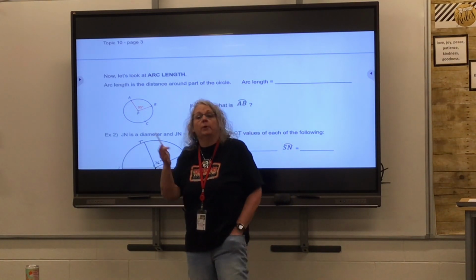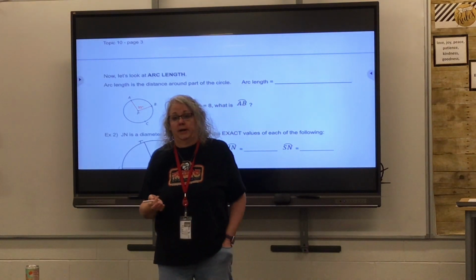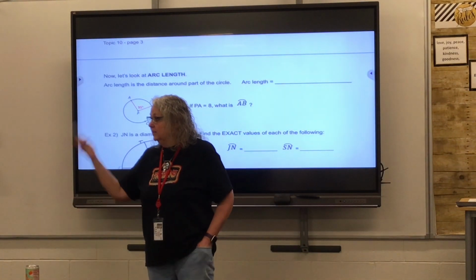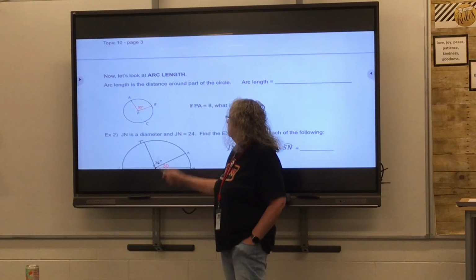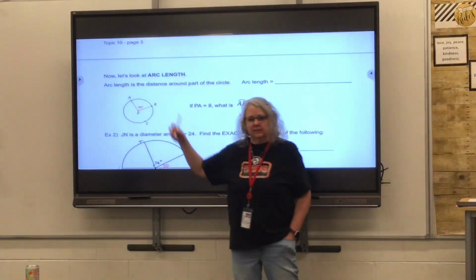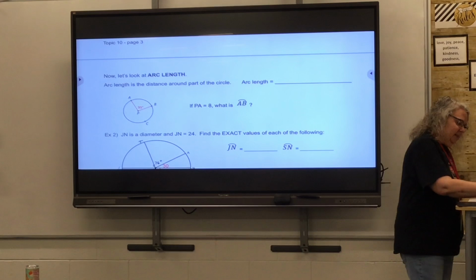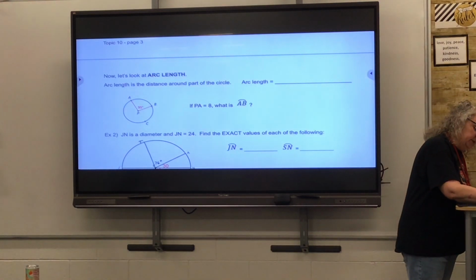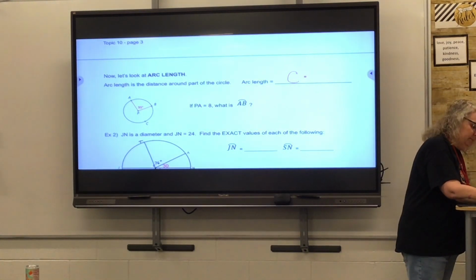Almost 1/4. If it were 90 degrees, it would be 1/4, because 90 over 360 is 1/4 of the circle. So what we're going to do is 95 over 360. Our formula is arc length equals the circumference times n over 360.